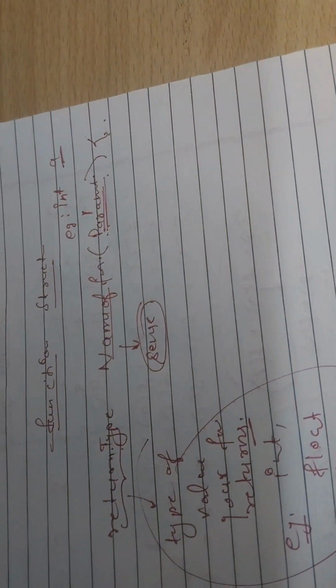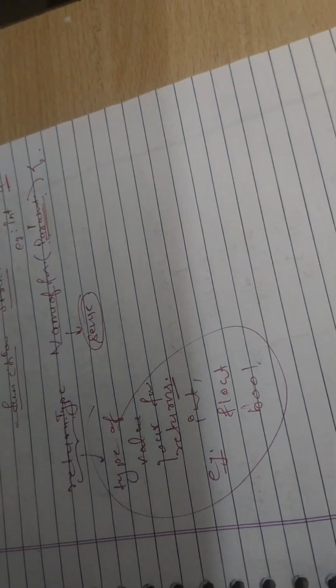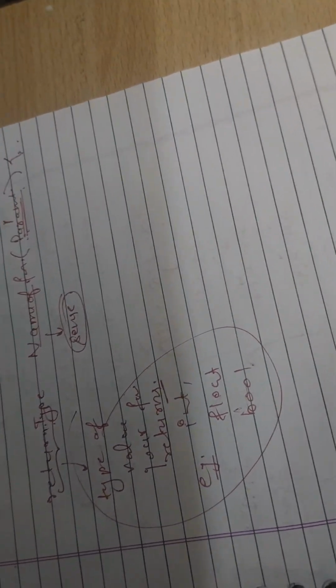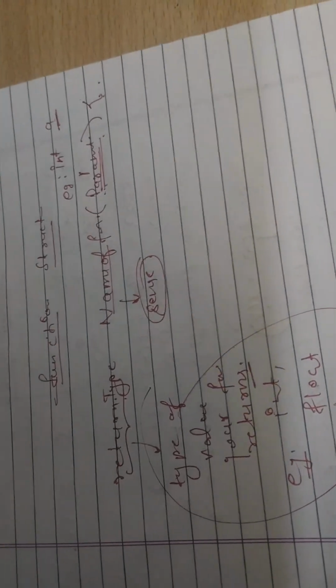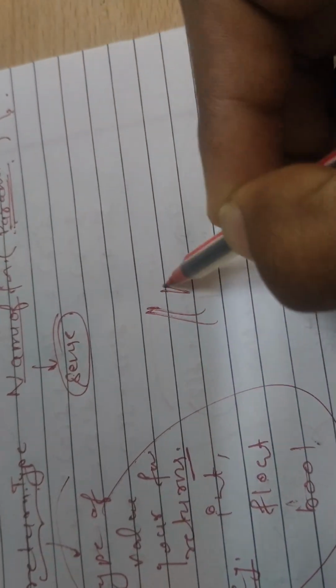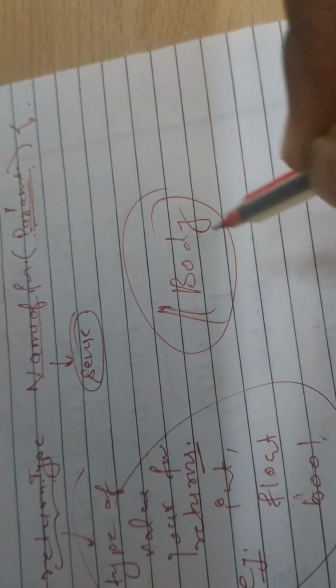In this section we write the body. For example, in the previous function of our Fibonacci sequence, we wrote the base case and the return of the function. So here we have our body. And then we use a closing curly bracket for the closing of the function, and this is how we do it.